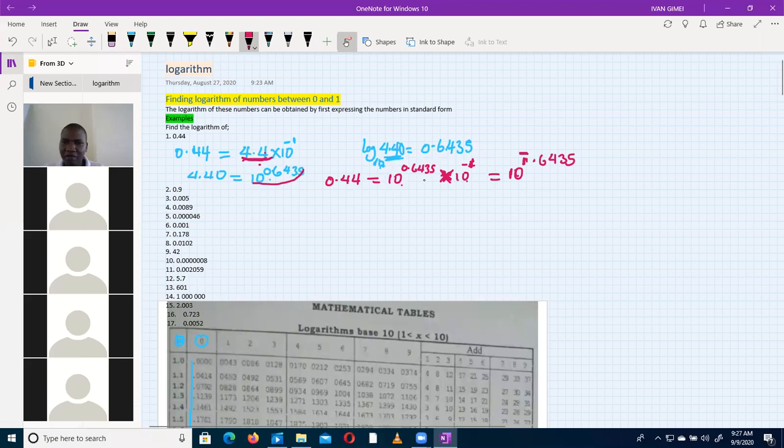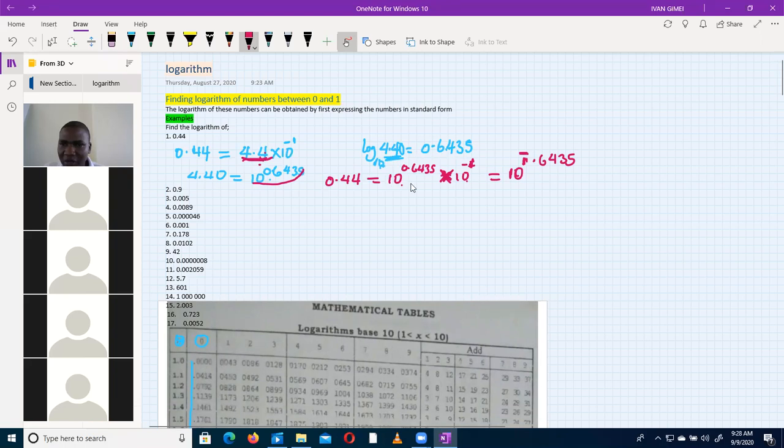This step here is where you have to pay attention. We have 0.44. We said if you write this in standard form it is the same as 4.4 times 10 to the power negative 1. I went ahead and looked for the equivalence of 4.4 in index form, and I found 10 to the power of 0.6435. Now, where there is 4.4, I removed it and put its equivalence.